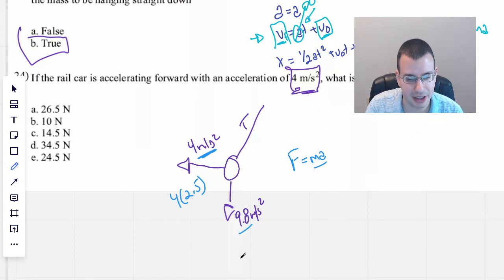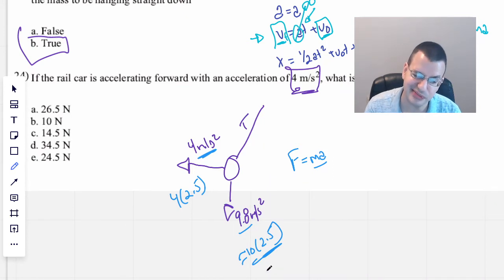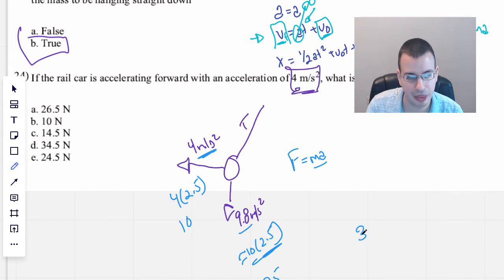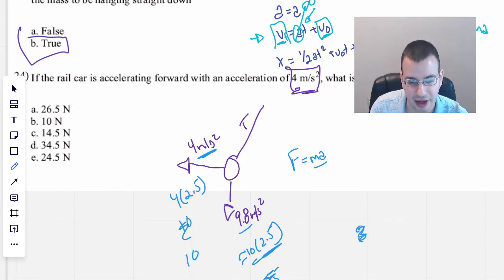This 9.8, which is basically 10, times 2.5 gives us 25. So we have 25 plus 10, so we have 35. That doesn't make any sense at all. No, because we need to square them. So we have 10 and 25. So these are our forces.